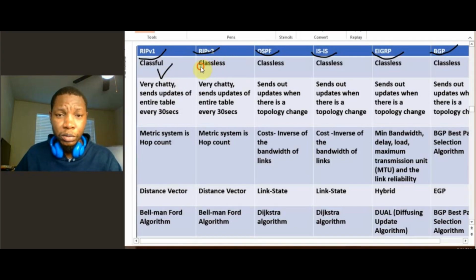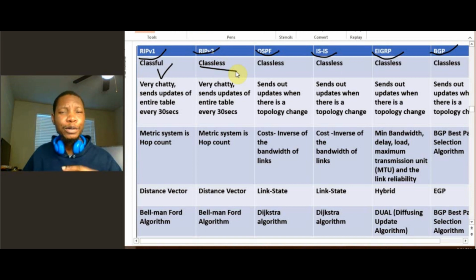RIP version 2 was classless. Now I know it sounds kind of weird, right? Classless and classful. And classless is actually better, or an enhancement to classful. So classless is actually better than classful, right? Sounds weird, right? So yeah, RIP version 2 was a classless routing protocol. And by classless, it allowed variably length subnet masking.